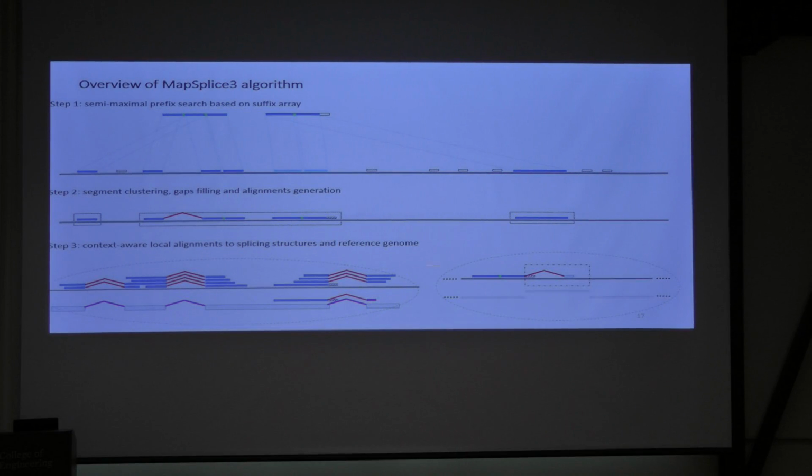Another strategy is called local index. As I mentioned, our algorithm is based on the suffix array index of the reference genome. Besides the suffix array index of the whole genome, we also build the suffix array index for each small piece of the reference genome.